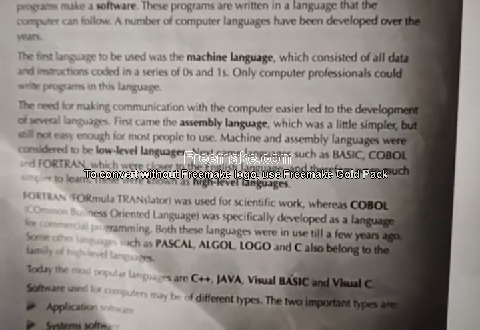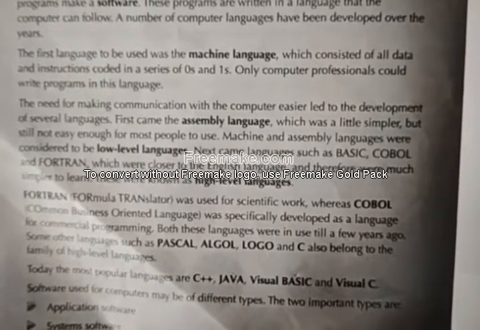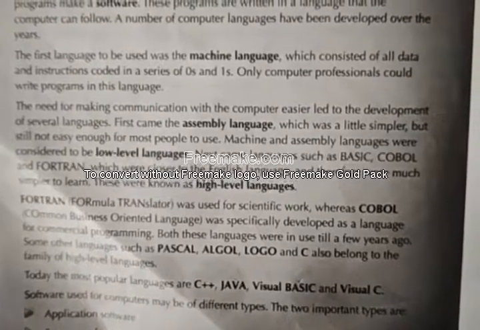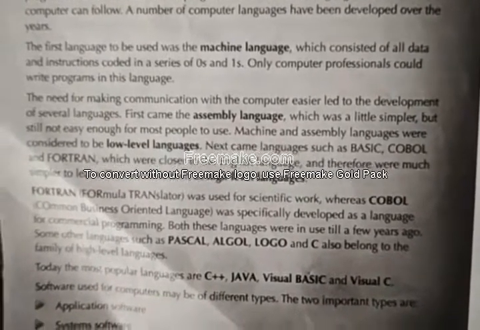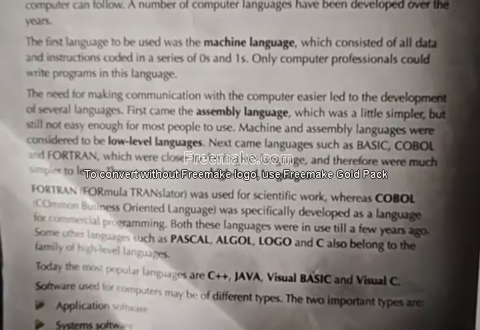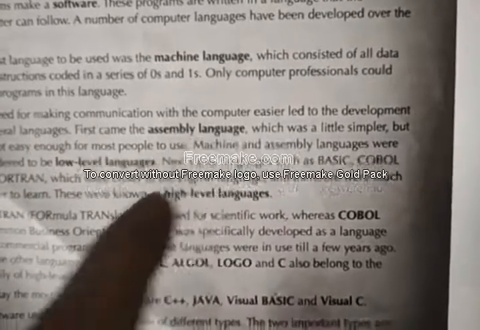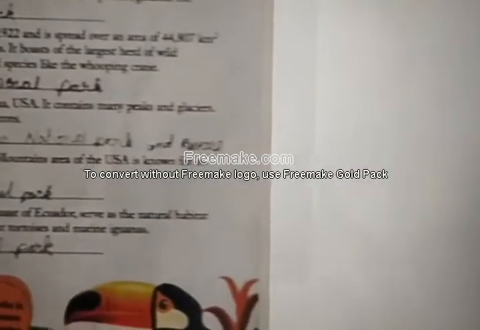Machine and assembly languages were considered to be low level language. Next came languages such as Basic, COBOL and Fortran, which were closer to English language and therefore were much simpler to learn. These are known as high level languages. From first came till high level language, that is the answer for question number 8.